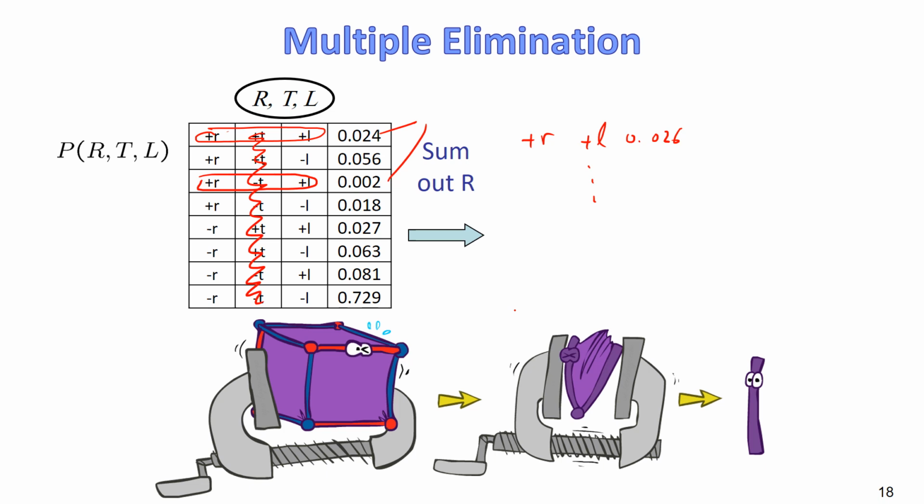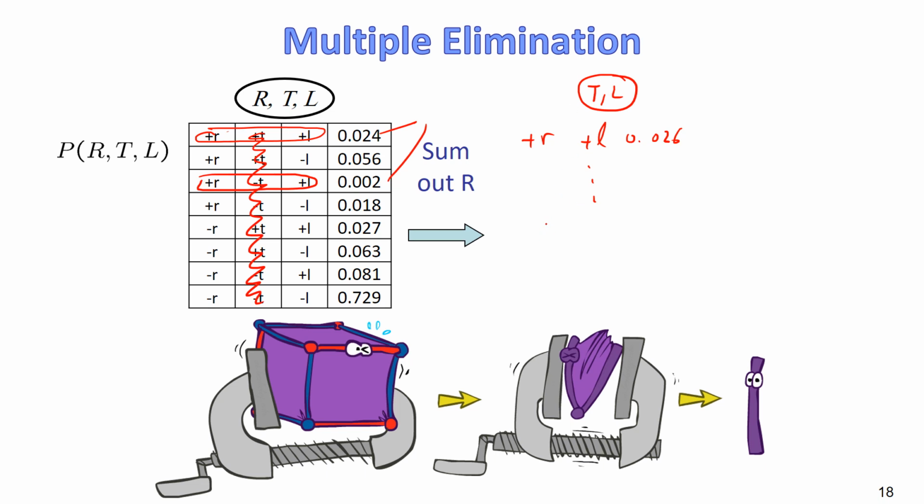So how many rows will we have here? What is the size of that factor? Now that factor will have only T and L, right? So we expect that this is two dimensions. We call that two dimensions because we have two capital variables. If each one is binary, then we will have just 4 rows.